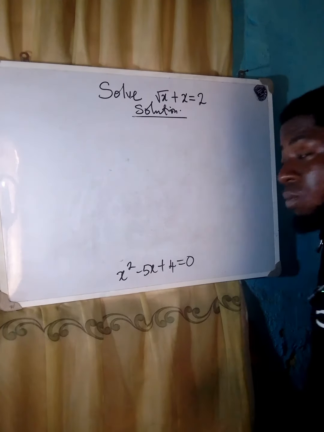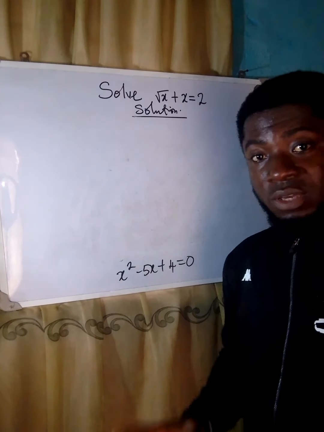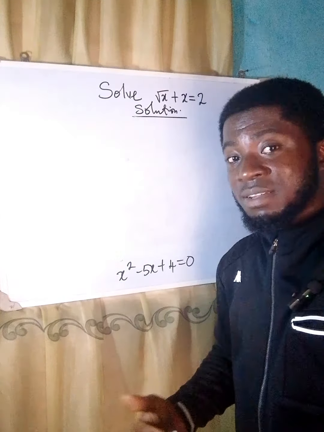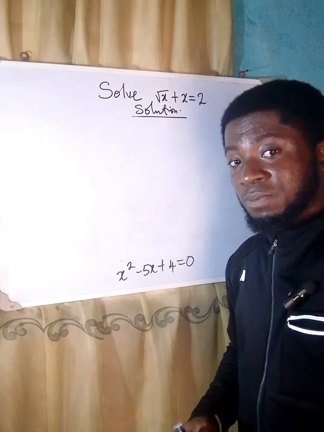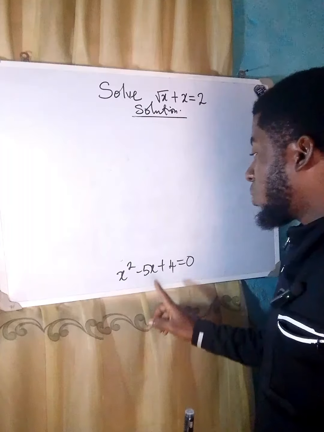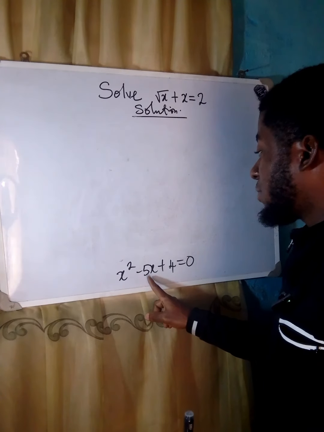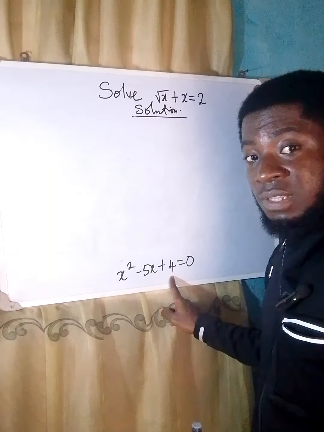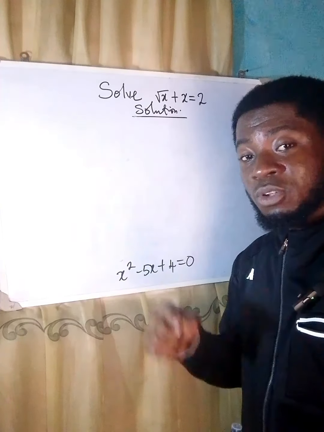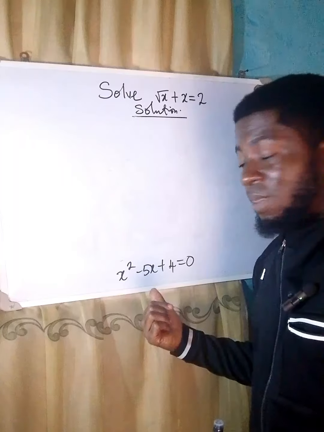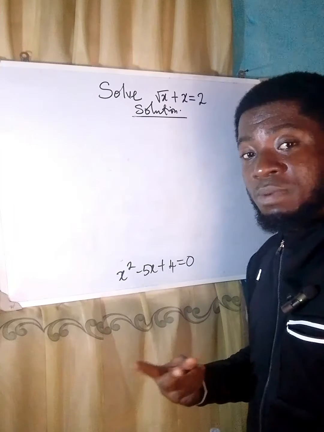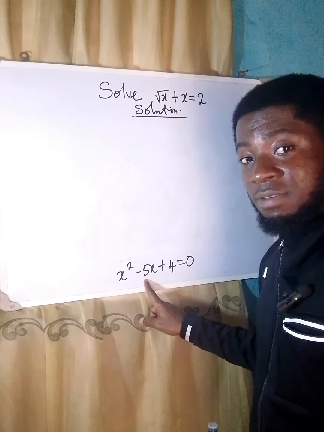Okay, so we have a quadratic equation, and we can decide the method to use. For me, I want to use the factorization method. So how do you do it? You look at the two numbers given. You have 4 as a constant, right? So the rule says, what two numbers do you multiply to get that 4? And then you add the two numbers to get this minus 5.